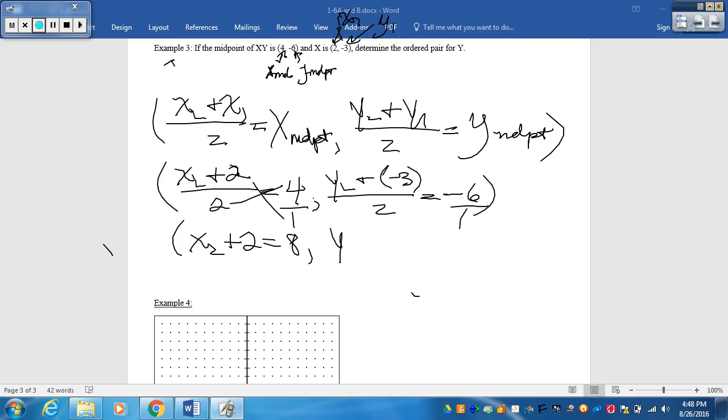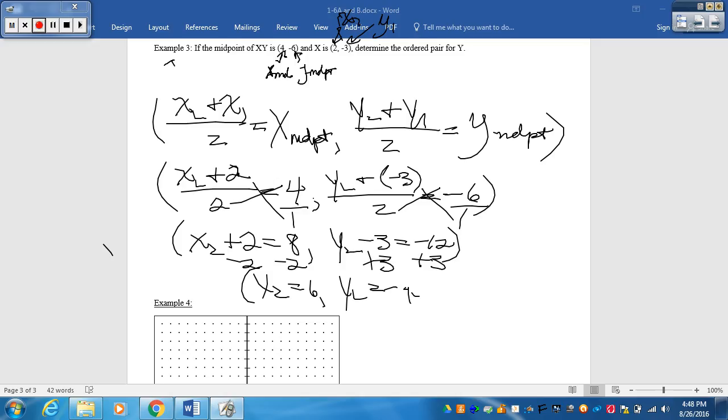And y sub 2 minus 3 is equal to, again, multiplying there, negative 12. Okay. If I go ahead and subtract 2 from both sides here, I get x sub 2 is equal to 6. And over here, if I add 3 to both sides, I get y sub 2 is equal to negative 9. Okay.